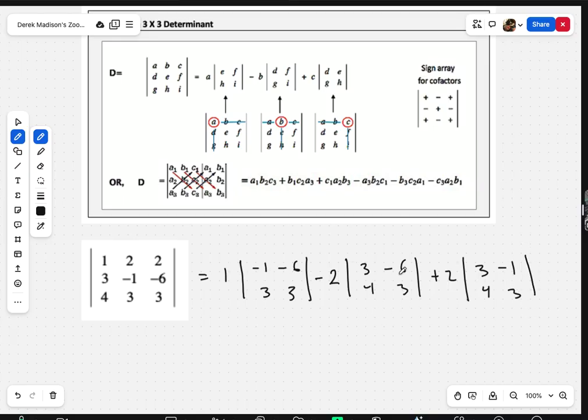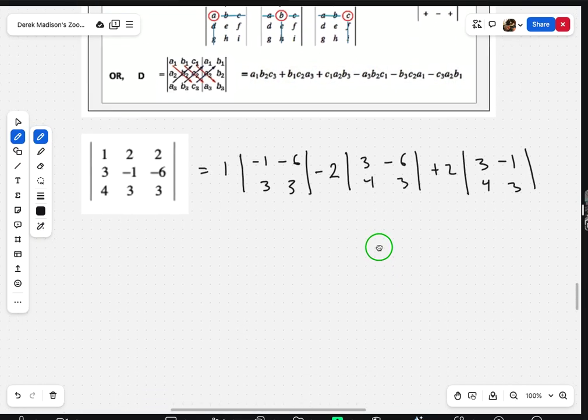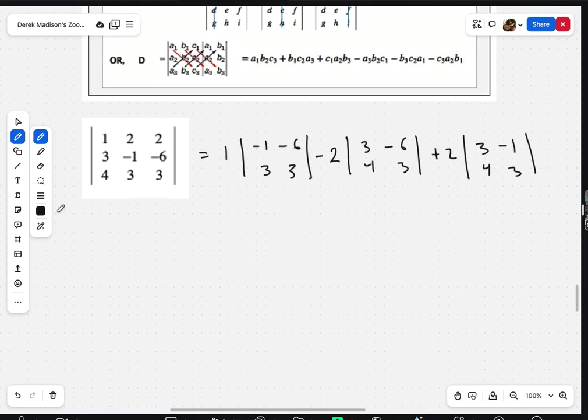And then we have to expand all of these and try not to make sign errors. So let's go, this would be 1, and then negative 1 times 3 would be negative 3 minus 3 times negative 6 would be negative 18. And we'll clean that up in a second. Minus 2, that's right there.